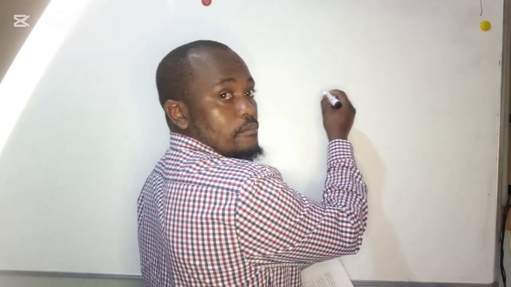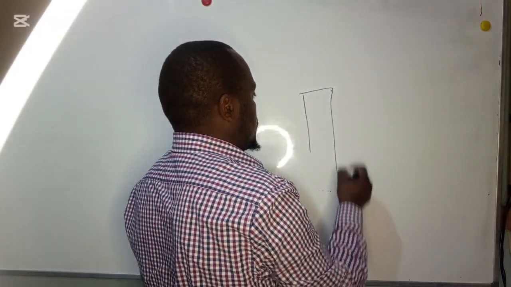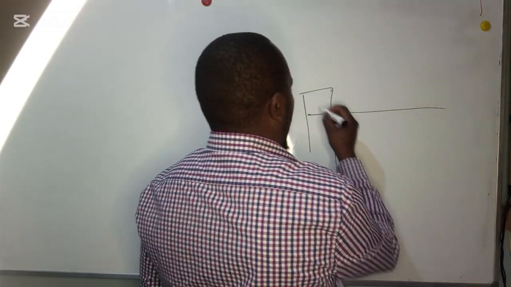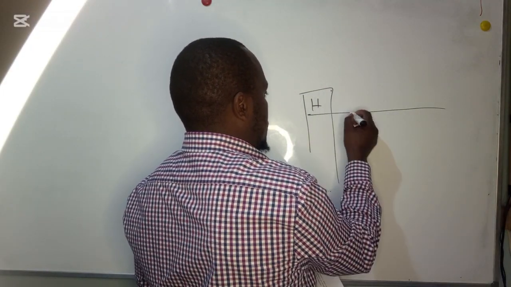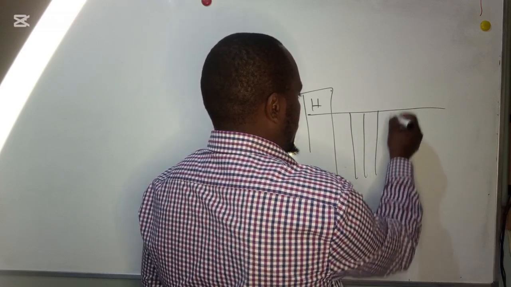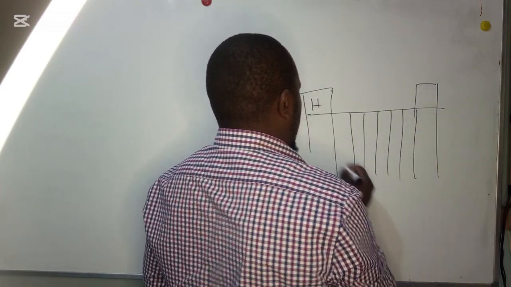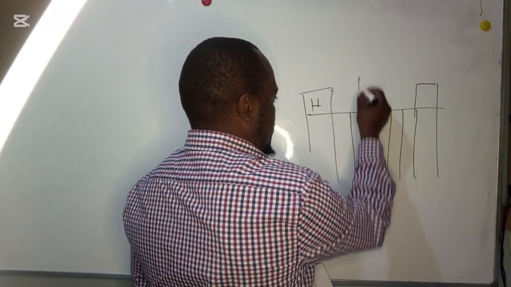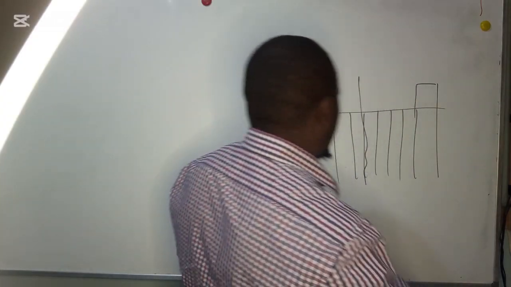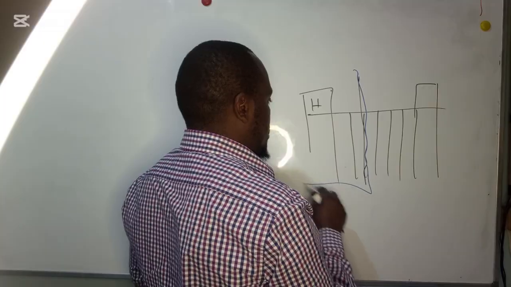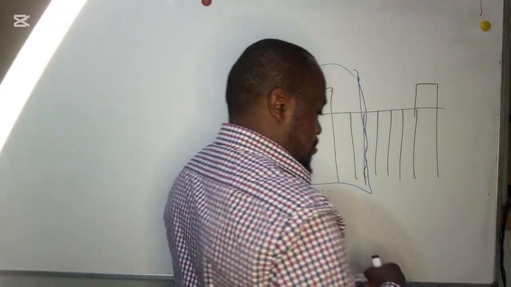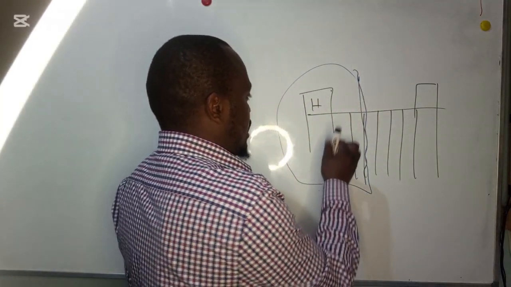The periodic table here, here you have hydrogen and you have 1, 2, 3, 4, 5, 6, 7, 8. So metals are in the first three groups. The first three groups here. So look at the periodic table in the book and look at elements.